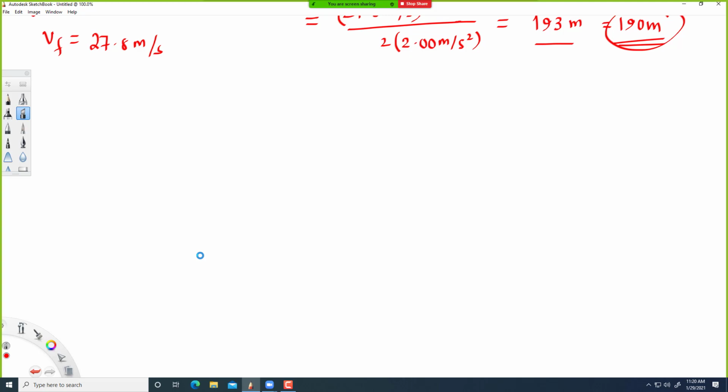So it's asking the time, okay, how long it takes to cross 30 meters distance. So starting from here, it'll be crossing 30 meters, and we need to find the time, okay, delta t or t.